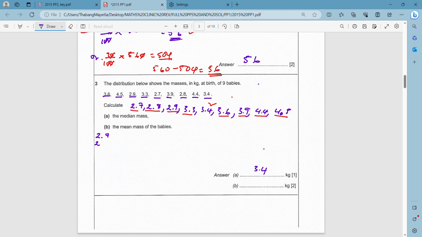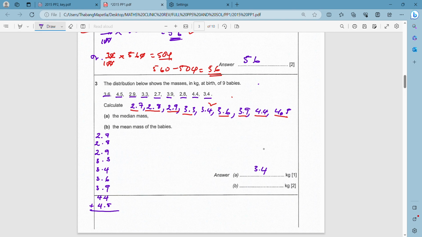2.7 plus 2.8 plus 2.9 plus 3.3 plus 3.4 plus 3.6 plus 3.9 plus 4.4 plus 4.5.